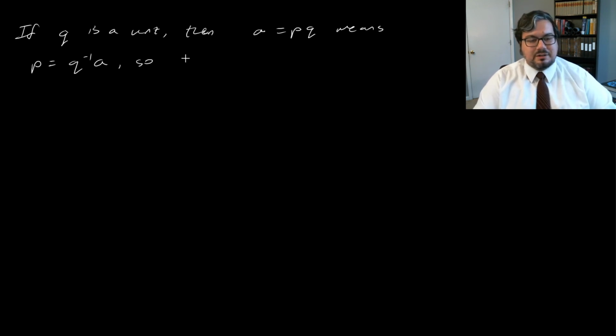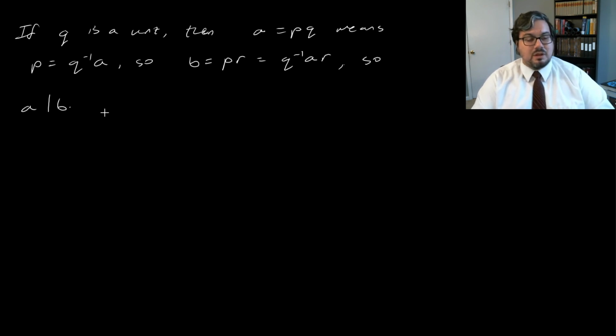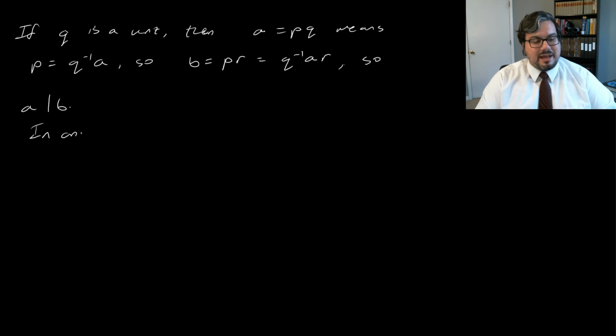So, in particular, this means that B, which is equal to P times R, is equal to Q inverse times A times R. And so that means that A divides B. So we have that in any case, either A divides B or A divides C, and so that means that A is prime.